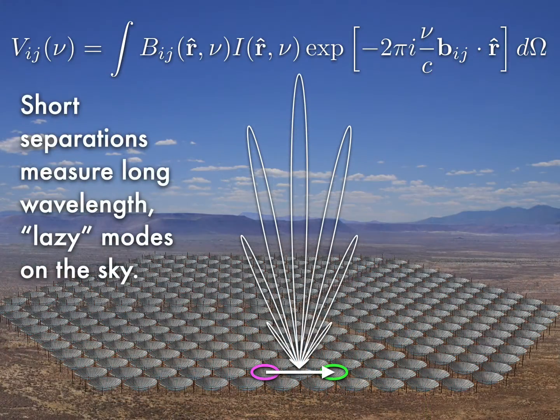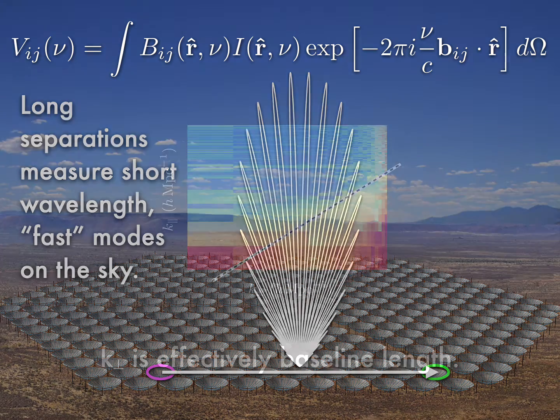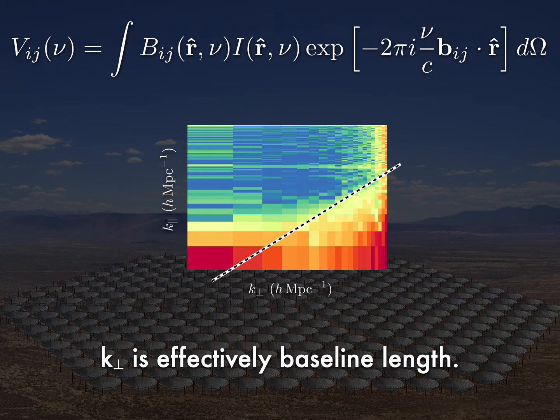So shorter baselines are measuring the lazier modes on the sky. They don't phase wrap quite as frequently in frequency or position, depending on how you want to think about this exponential. And likewise, longer baselines measure the faster varying modes on the sky. So one way to think about the modes that are being measured is that k perpendicular is effectively baseline length.